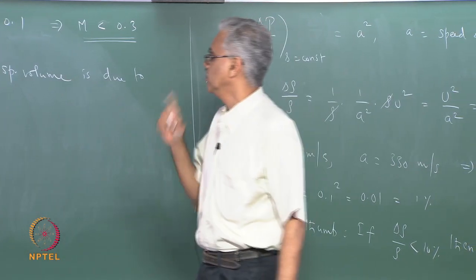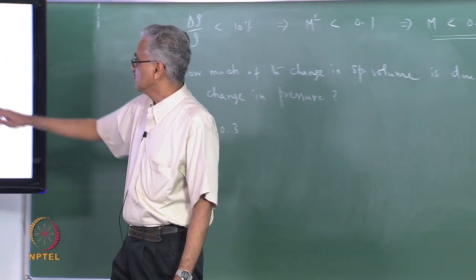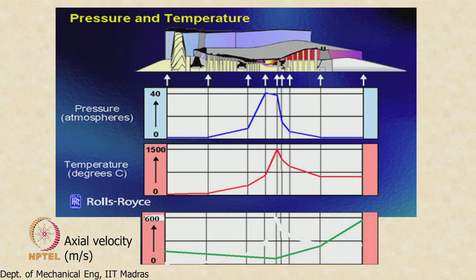Okay. Let us take a look at each one of these components. Here we are sketching the variation of the pressure along the length of the engine. You see that the pressure ratio is about 40 in this case. You can see the pressure increasing slightly in the fan, drastically in the compressor, and then remaining more or less constant in the combustor, falling rapidly in the turbine as the fluid expands and generates the work required for the compressor, and then continuing to drop as it goes through the other turbine and then the nozzle.